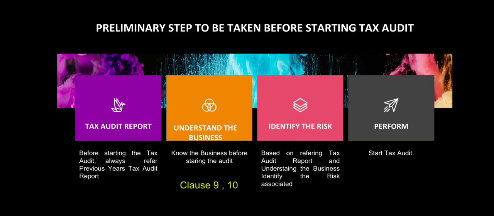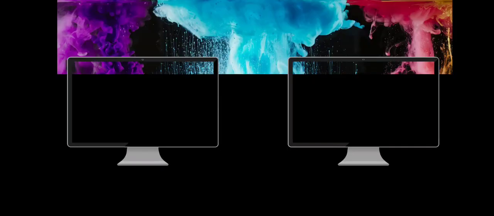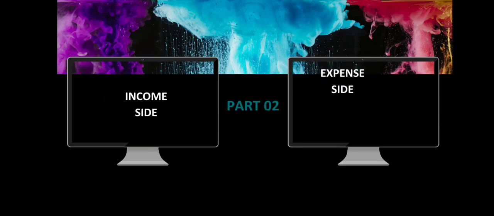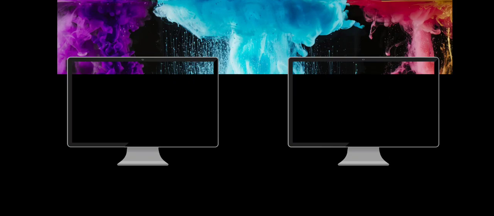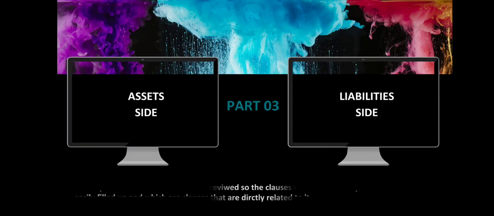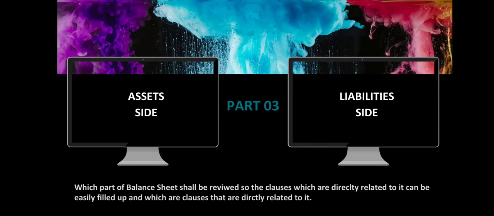That's all for part 1 of the video. Let's see what we are going to cover in part 2 of the video. In part 2, we are going to cover the income side and expense side as a part of the profit and loss account and the financial statement, and the assets and liability side as a part of the balance sheet in the financial statement.